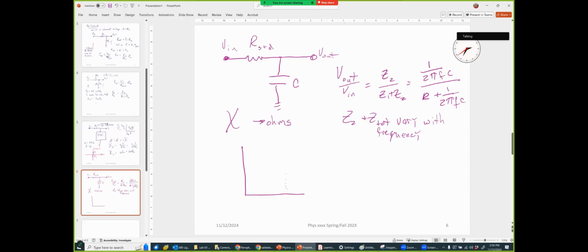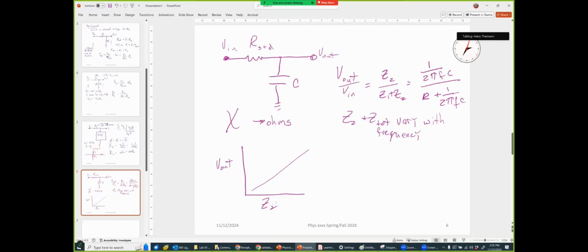So the greater is Z2, the bigger, oh, right. So if I plot V out as a function of Z2, we expect something like this.